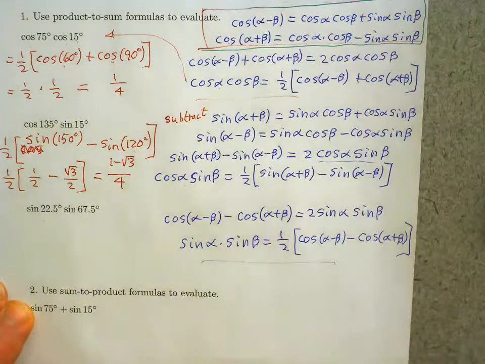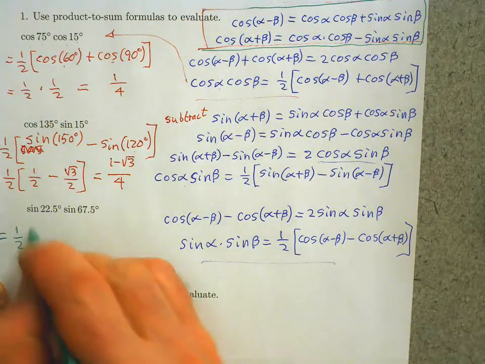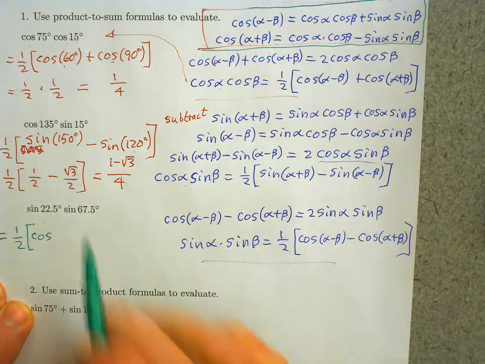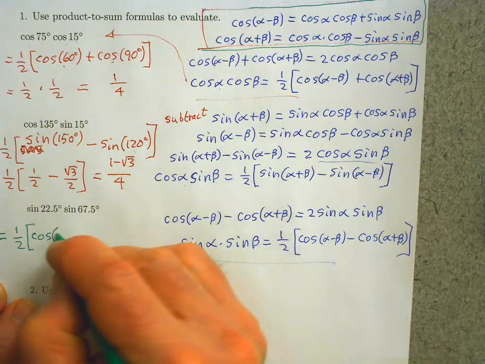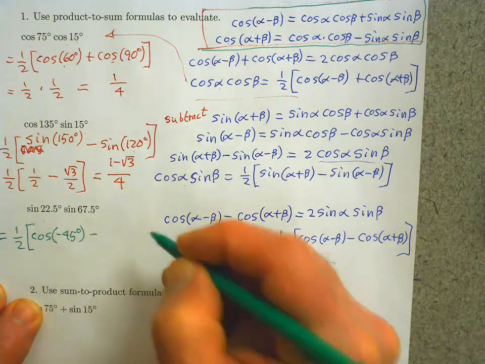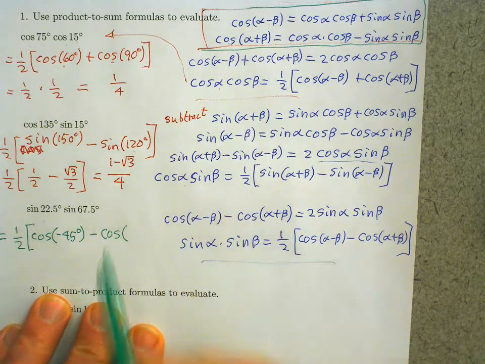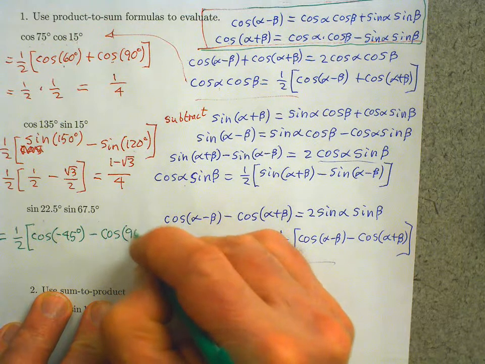So we get 1/2 times cosine of negative 45 degrees, and then minus cosine of 90 degrees.